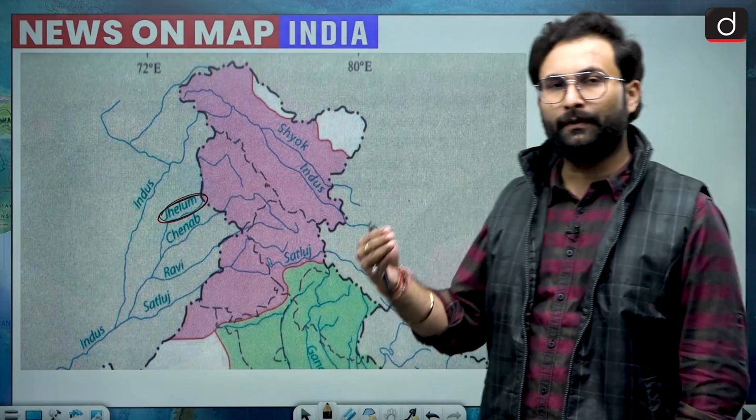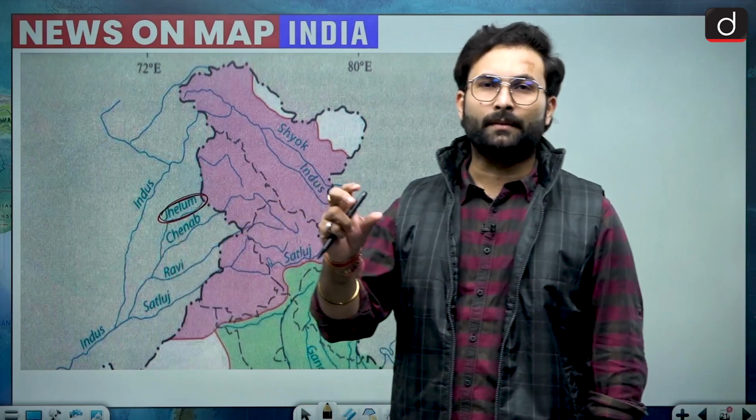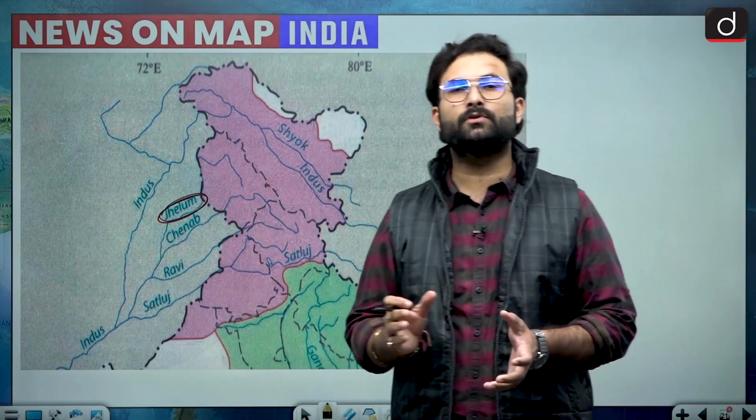Eastern flowing rivers would be with India, and western flowing rivers would be with Pakistan. But this is limited, because in the eastern flowing rivers, exclusive rights are with India. And for the western rivers, India has limited rights. We cannot use the water for consumption, but we can use it for hydropower generation, etc.